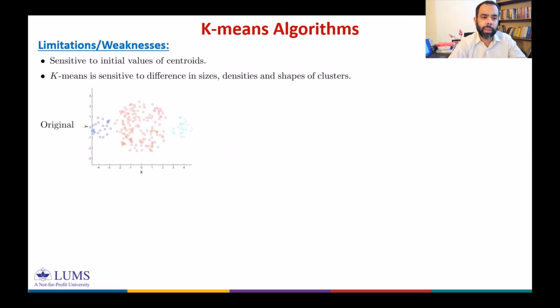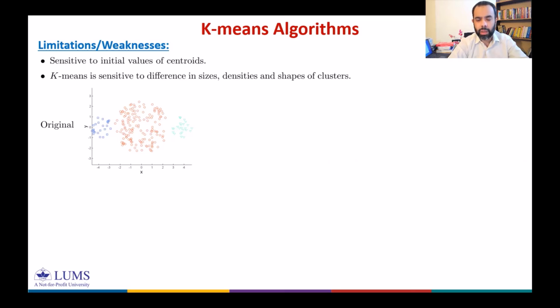Assume that we have data for 3 classes, and for each class we have a different number of data points. So the blue is smaller in size compared to red, and green is the smallest one. We can say we have clusters of different sizes.